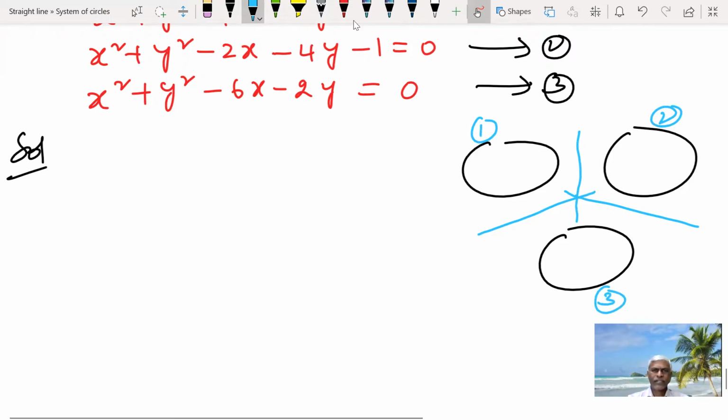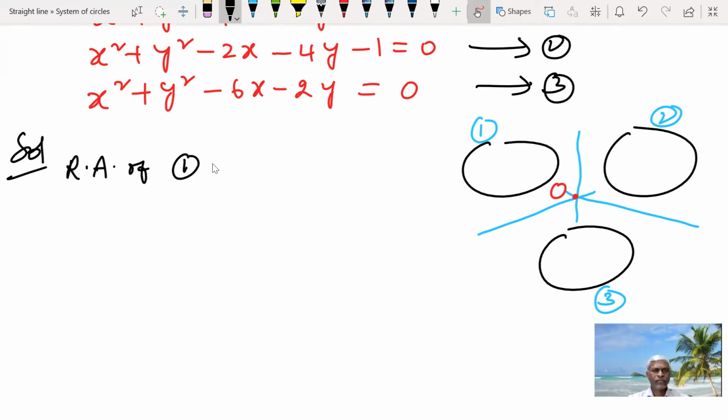This point of intersection is the radical center. Now let us find the radical axis of 1 and 2. Radical axis of 1 and 2 is 1 minus 2 will give us radical axis.